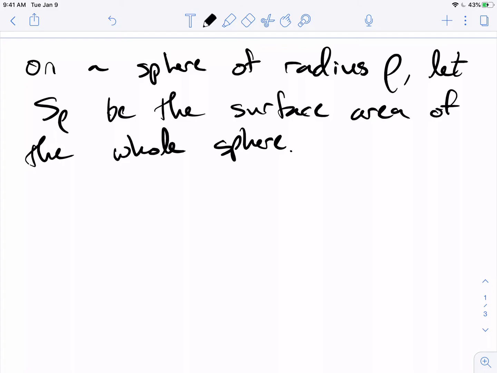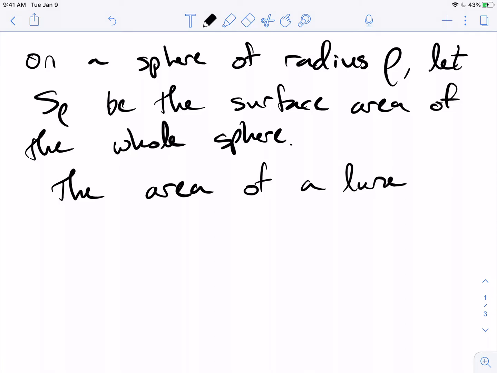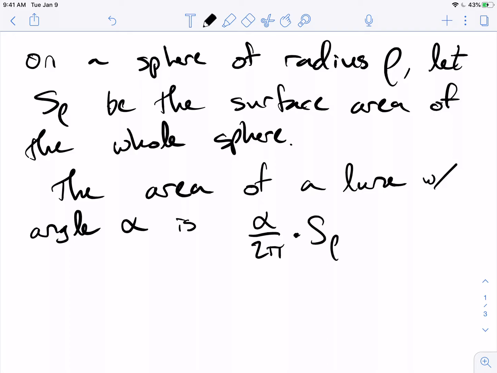Then you can calculate the area of the lune in terms of S sub rho and the angle alpha of the lune. So I claim that the area of a lune with interior angle alpha is going to be alpha over 2 pi times the surface area of the whole sphere.